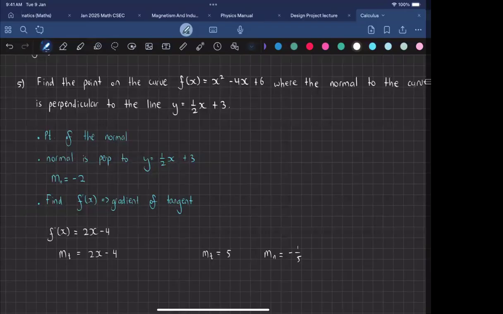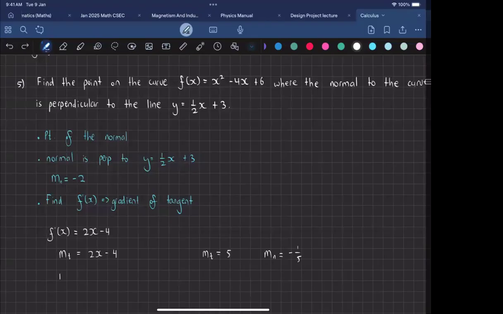Right, I think I'll give you the answer there. So if the gradient of the tangent is 2x minus 4, can you figure out an expression for the gradient of the normal? I think so. Think of this whole thing as one term, as a number. 2x minus 4, that's a number.